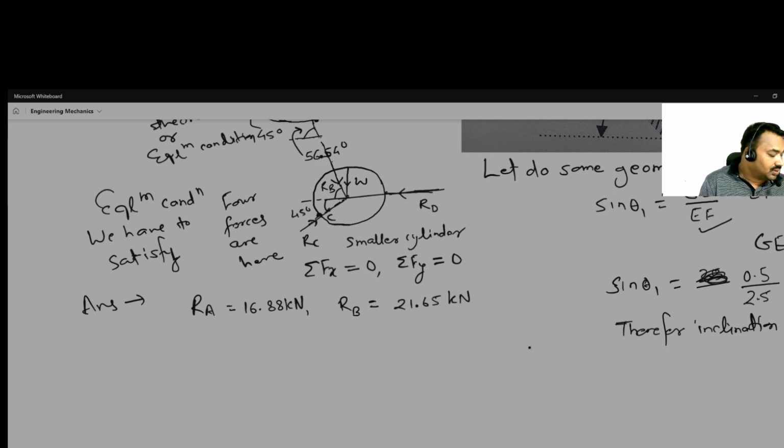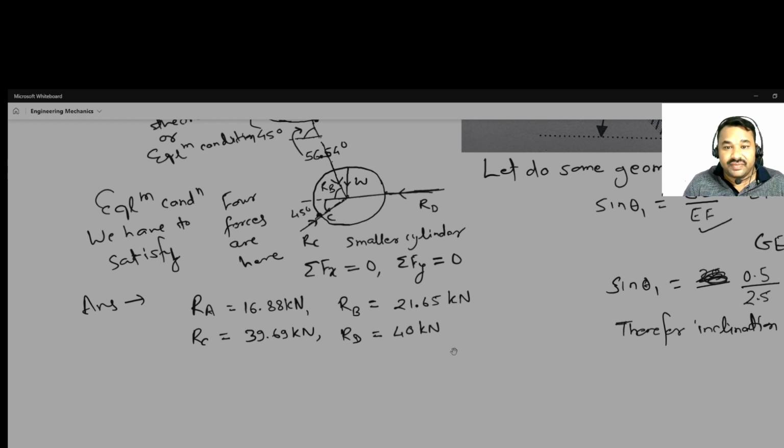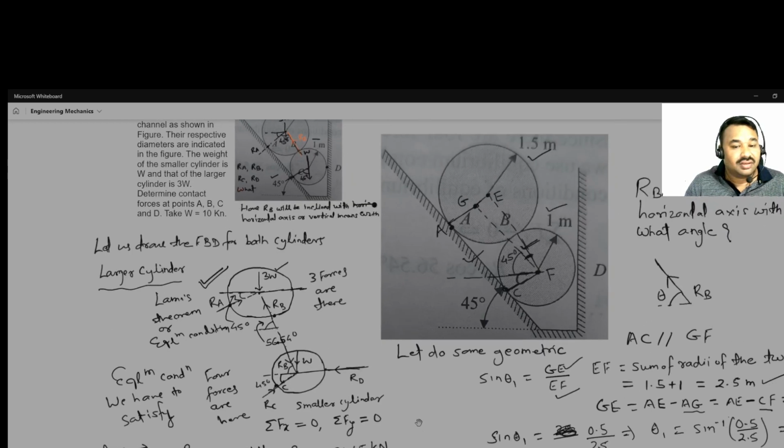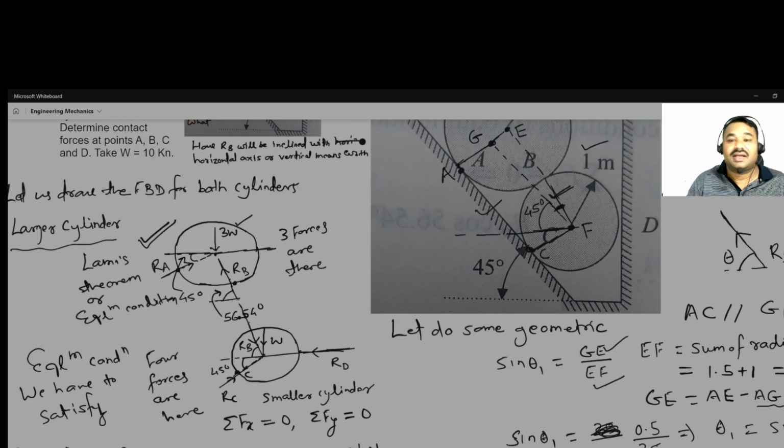And what about RC? RC is equal to 39.69 kilonewton, and RD is equal to. So guys, in this way, based on the free body diagram, you just find out the contact forces and match the answers.